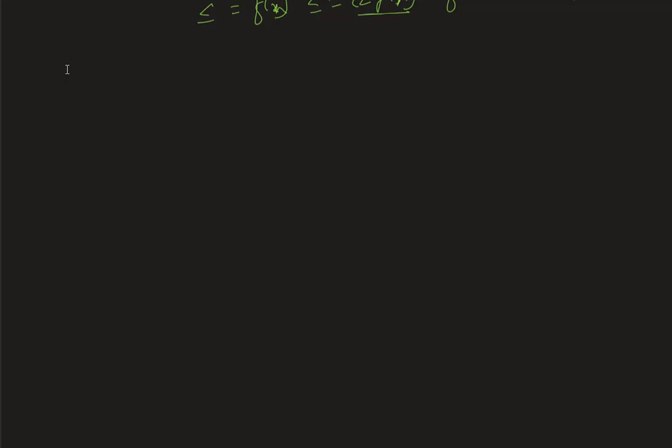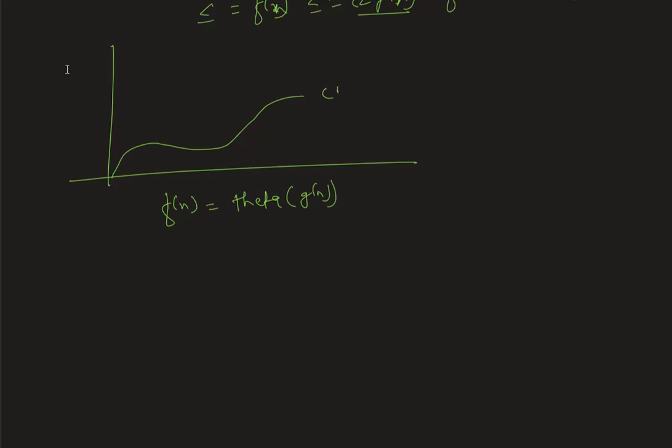We can understand this with the help of a graph. Here we have f(n), theta g(n), c1 into g(n) here and c2 into g(n) here, and f(n) here.